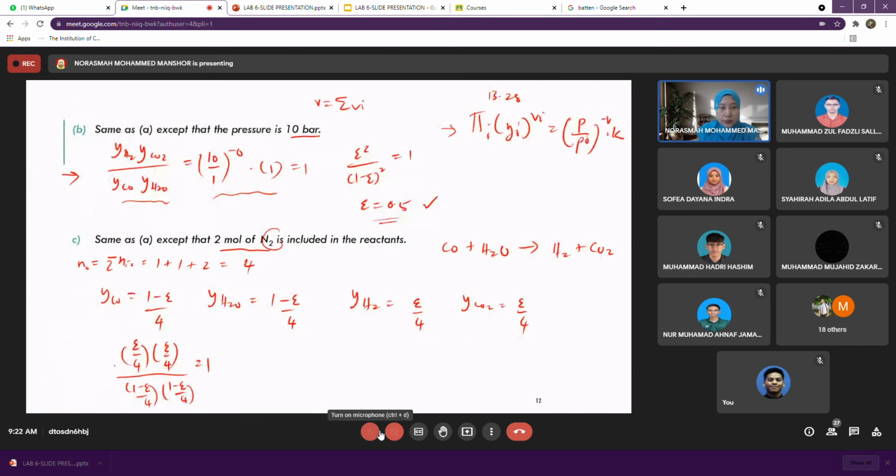Okay, now you masuk dalam equation yang A ni. Ni yang Y tadi. So dapat 1. Dia punya condition sama macam A tadi. P 1 bar. So K tadi samalah 1. Yang ni you boleh cancel out. So dia akan jadi ni juga. Sama macam A tadi.